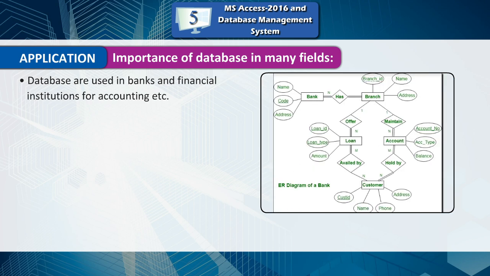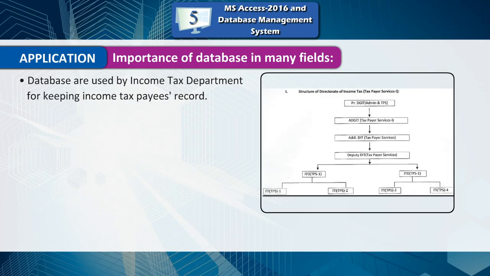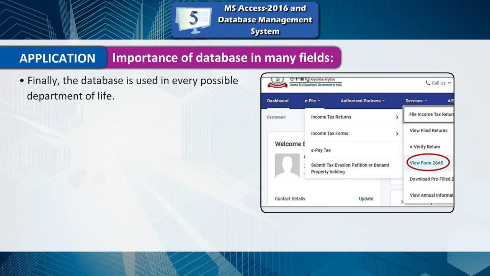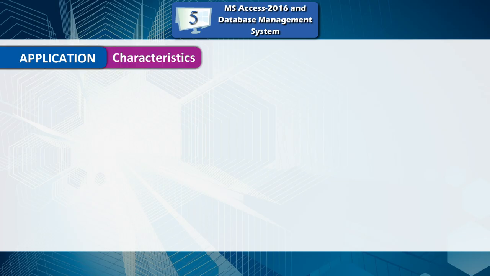Databases are used in banks and financial institutions for accounting, etc. Databases are used by the Income Tax Department for keeping income tax payees' records. Finally, the database is used in every possible department of life.